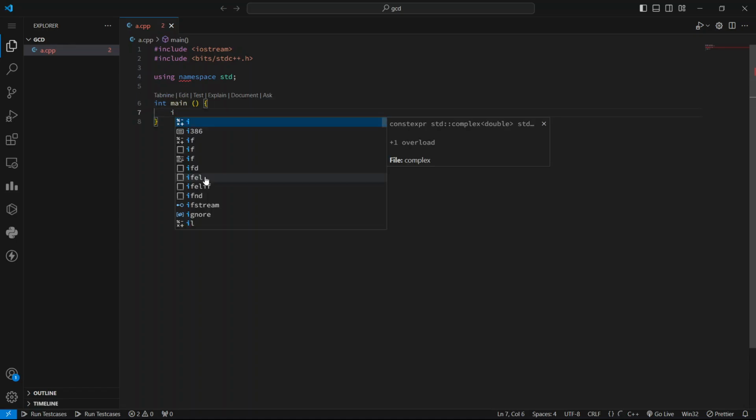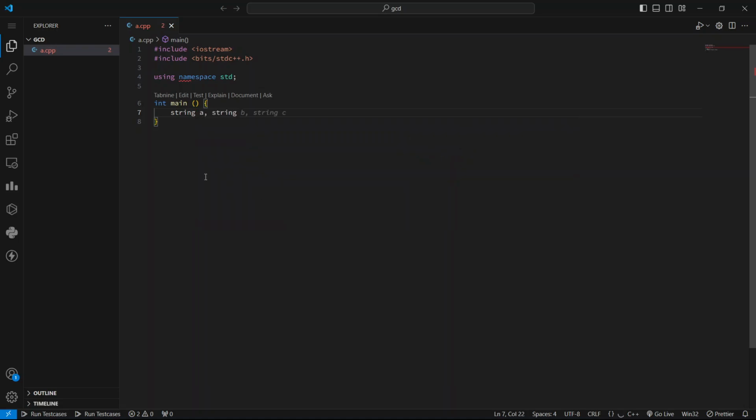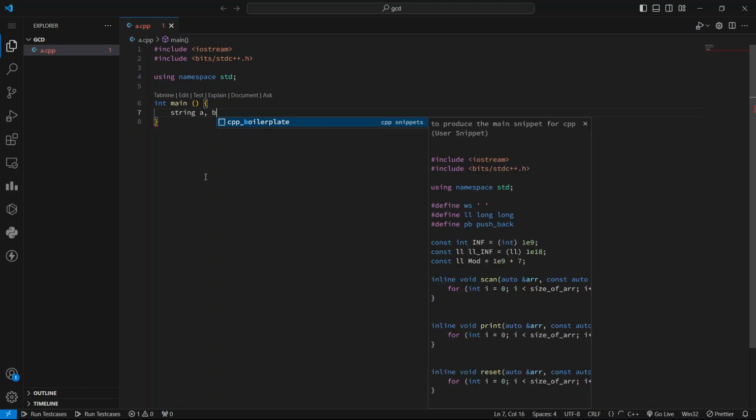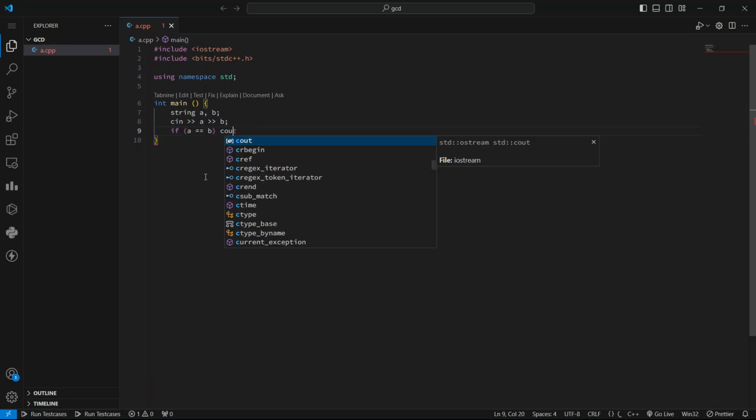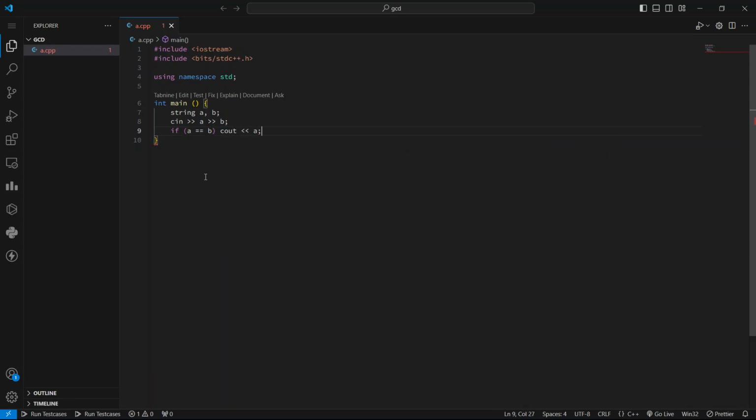We'll be having two strings, string a and string b, and we cin a and b. If a is equal to b, just cout a, else cout 1. That's it, we have solved this problem.